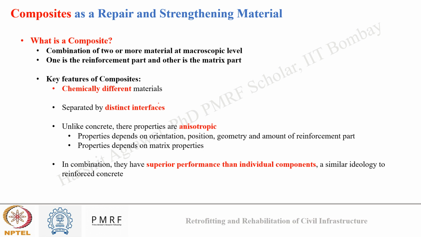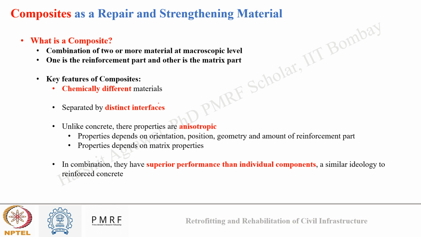So, what is a composite? A composite is a combination of two or more materials at macroscopic level. Of these two materials, one is known as the reinforcement part and the other is known as the matrix part. Ahead we will see what we mean by reinforcement part, what we mean by matrix part, and how they are used as a composite.